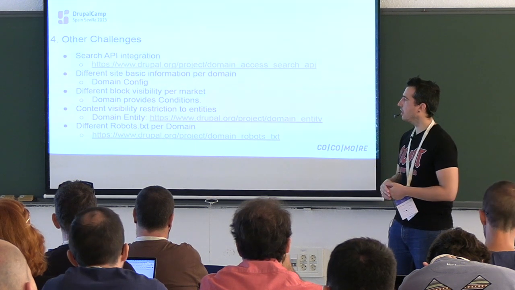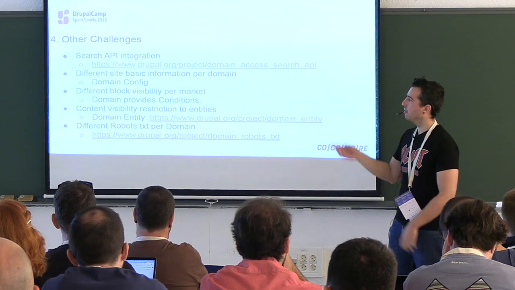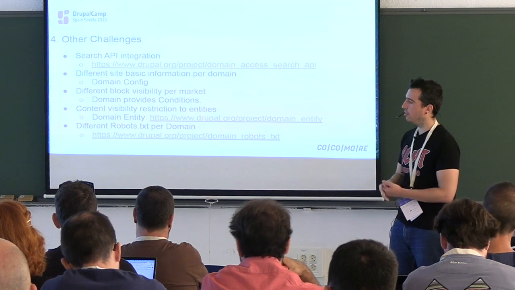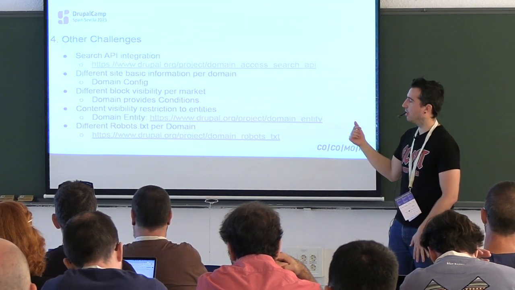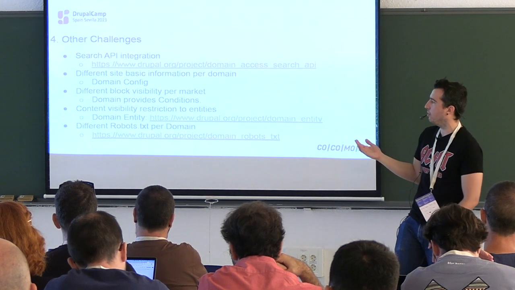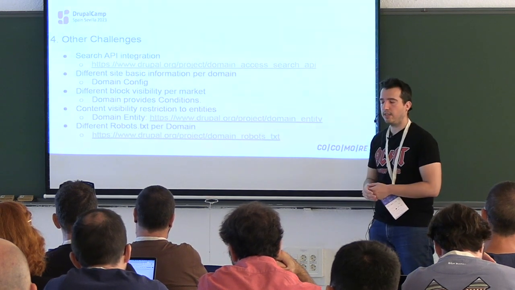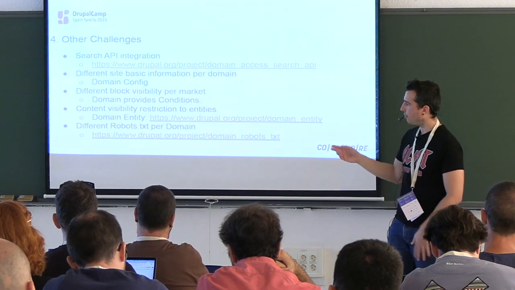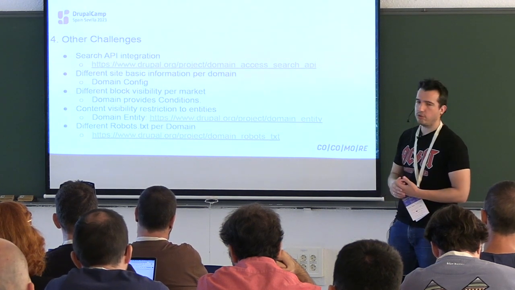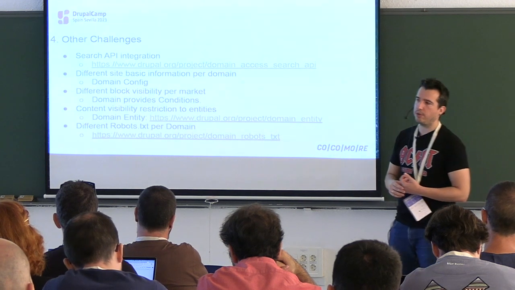Other challenges that are important: we saw before how to handle different language negotiation, and we saw that it is also applicable to have different site names per market. Again, it's using domain config. Then domain is also integrated with conditions.